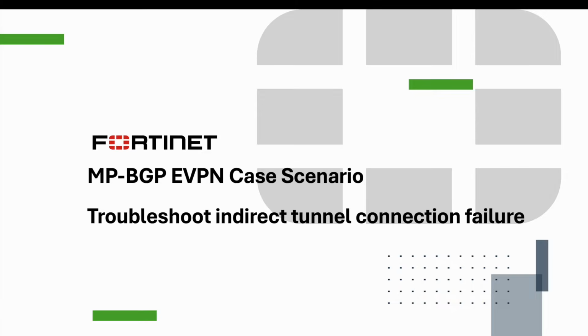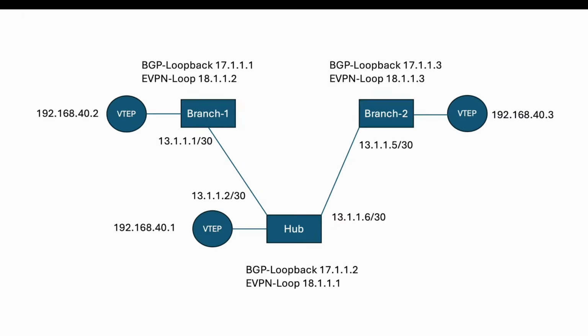So the purpose of this video, or rather the reason it came about, was on the back of a query that I received from one of my LinkedIn contacts. The contact had set up an EVPN environment.